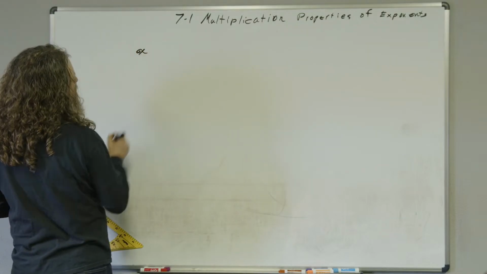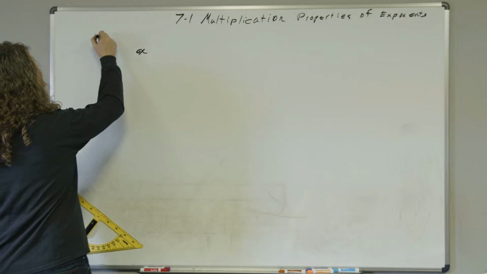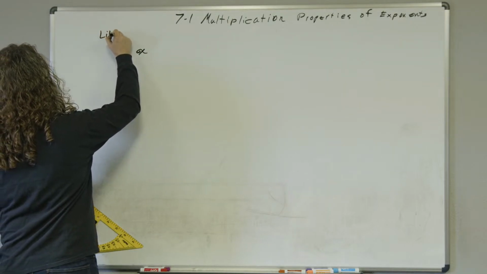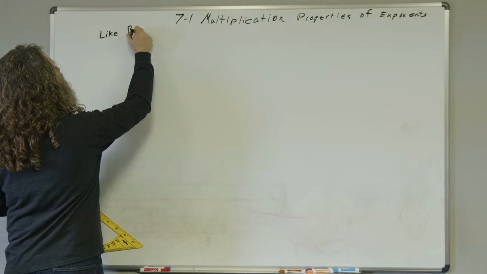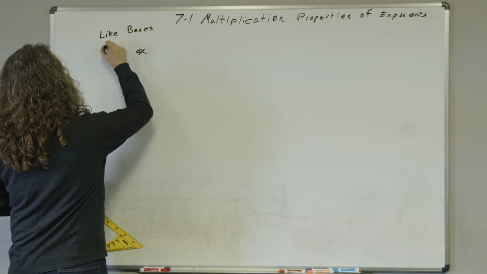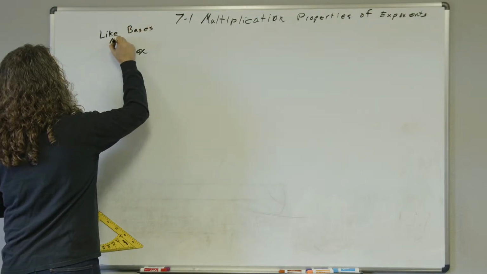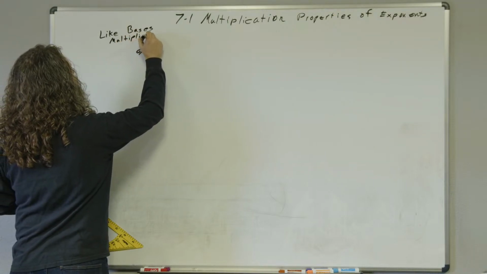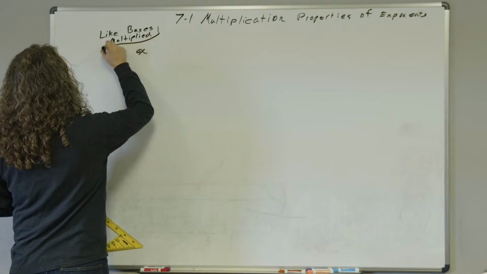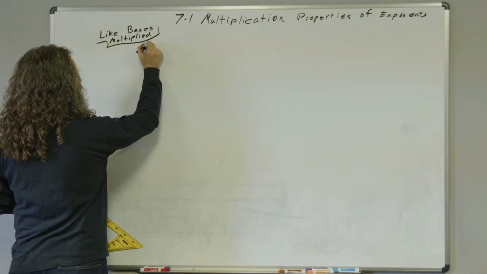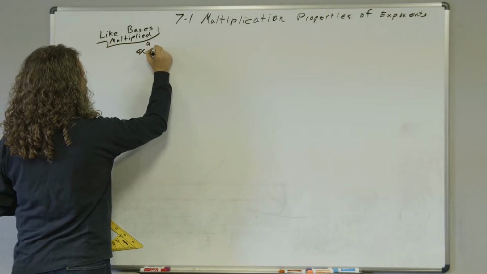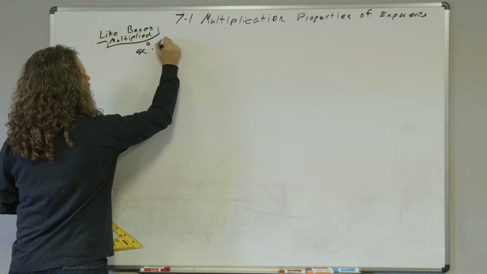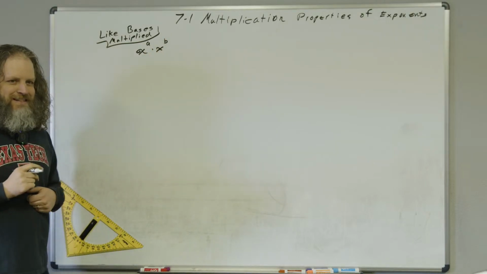Here's our first property. This is when like bases are multiplied. X to the A times x to the B. So see, this is like bases.